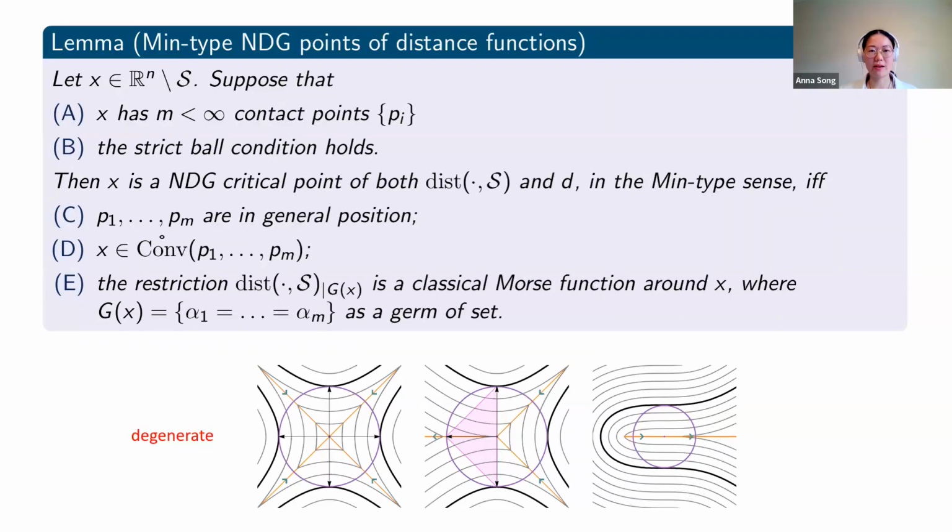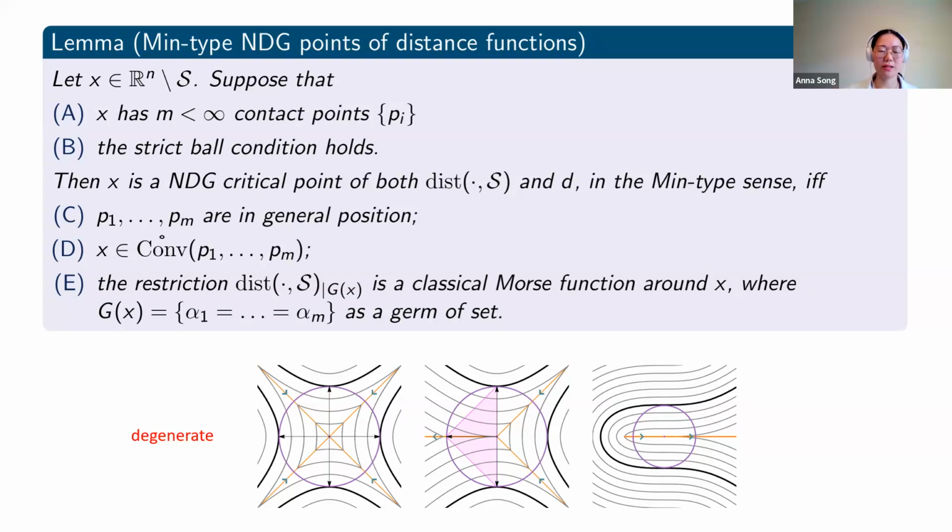We can now define the notion of NDG points, but in the min-type sense for distance functions. So we still suppose that A and B hold. Then X will be NDG if and only if three conditions hold. Namely, first, that the contact points are in general position, so they span an n-1 dimensional subspace in your Euclidean space.